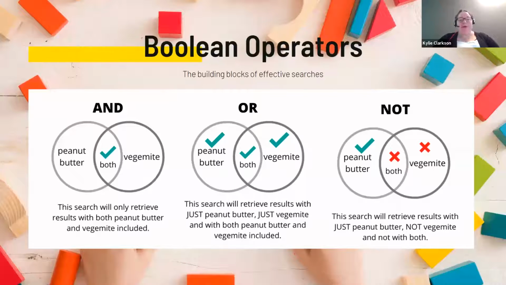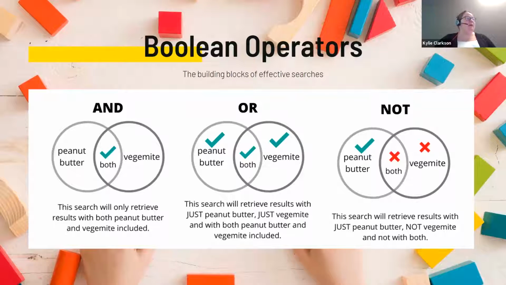So the Boolean operators, I really hope that this is very familiar to everybody, but I'm going to go over it right now anyway. The Boolean operators are ways of combining your search terms, and they revolve around three different terms: the and, the or, and the not. If you have a look at these examples, you'll see and.